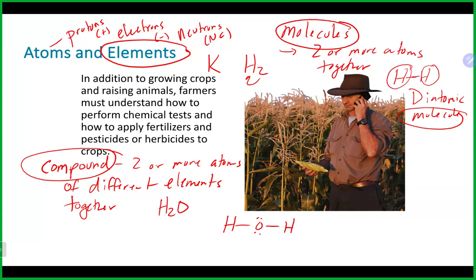Yeah. It doesn't matter how they're bonded. We'll talk about bonding in our chapter or so, but you can have, for example, this is a compound here, and this type of bonding that we see in water is what's known as covalent bonding. They're actually sharing electrons in this particular case.